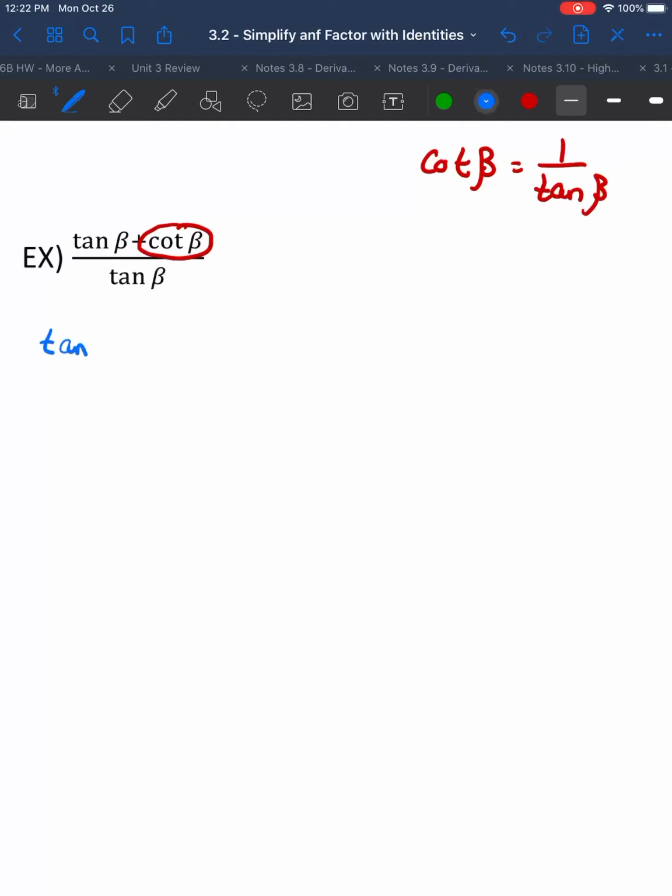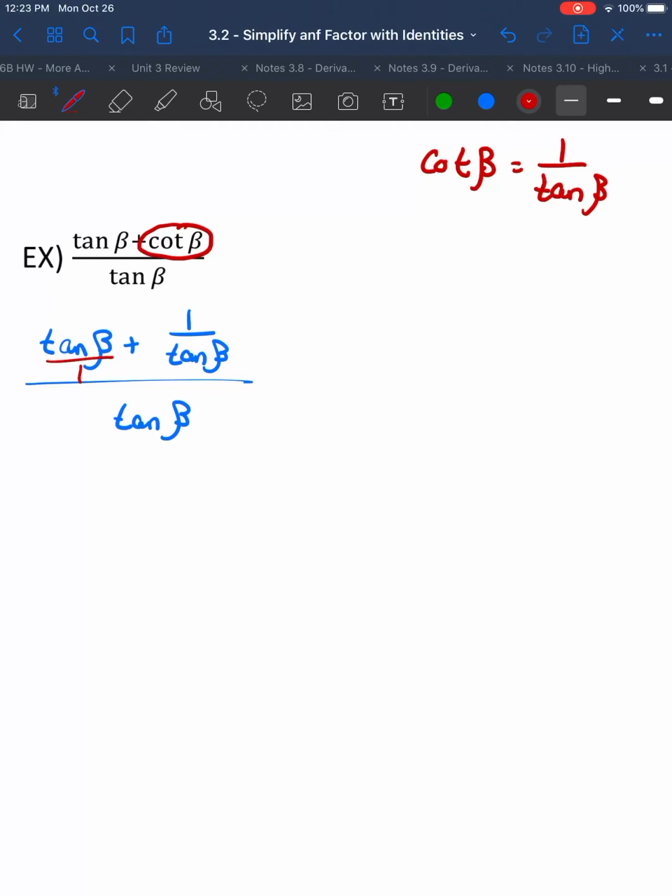So that means I would have tangent plus 1 over tangent, all over tangent. Looking at my numerator only, I have something plus a fraction. I want to be able to add those because, again, ultimately I want to get rid of addition and subtraction.